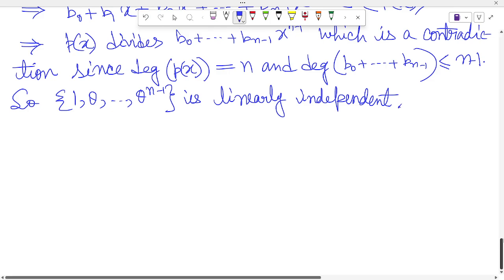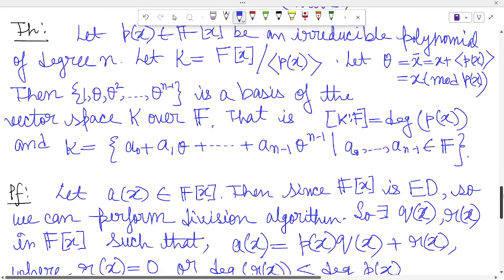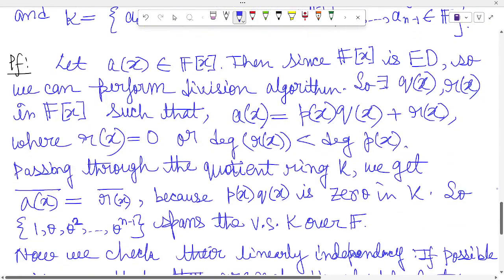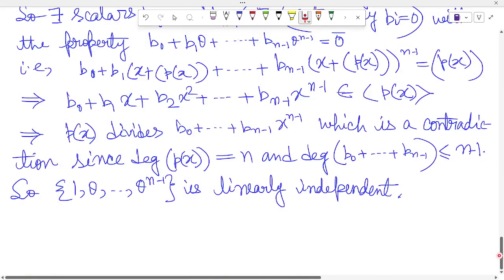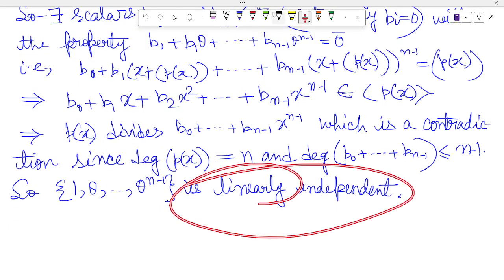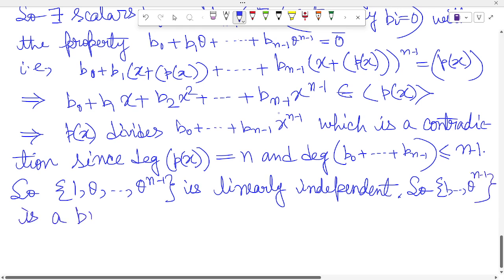I showed that they already span. So they are a spanning set plus linearly independent. That means they are a basis.